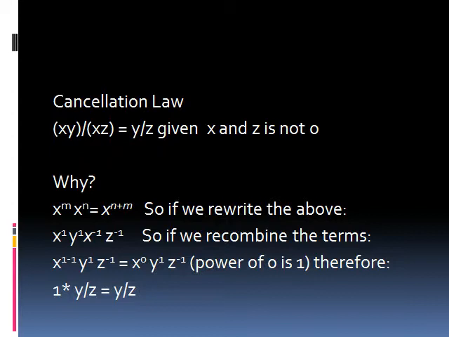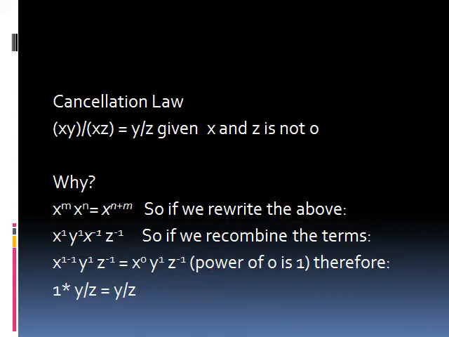And if we recombine those terms, you would have x to the power of 1 minus 1 times y to the power of 1 times z to the power of minus 1, which means that it is x to the power of 0 times y to the power of 1 times z to the power of minus 1.